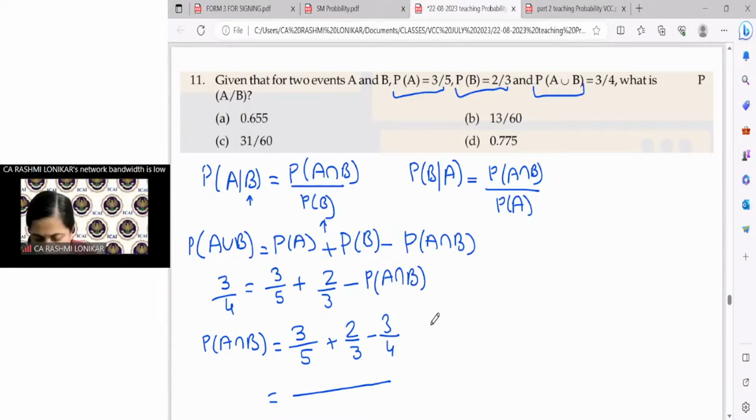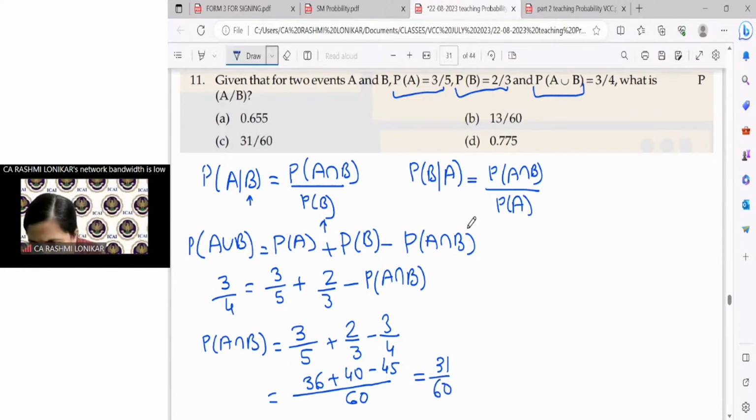So upon 60, you have 5 12s are 36, then 40 minus 45. So 36 plus 40 is 76, and 76 minus 45 is 31. So it is 31 upon 60.